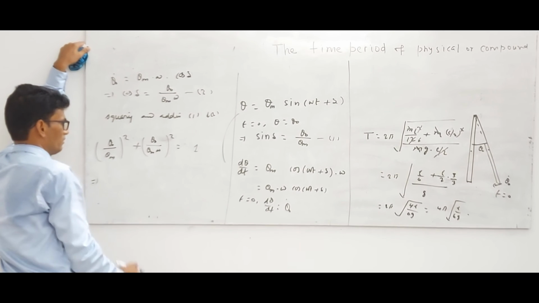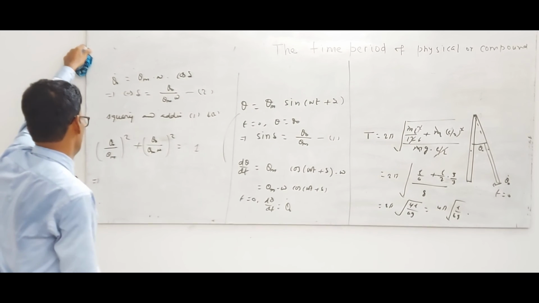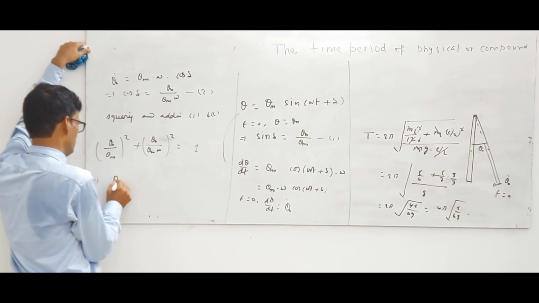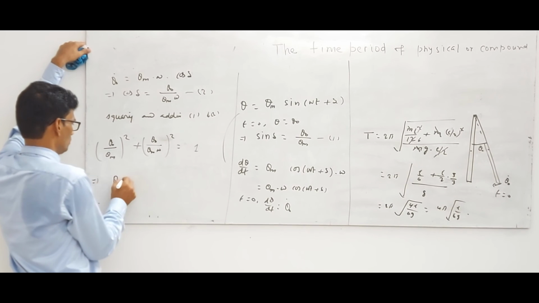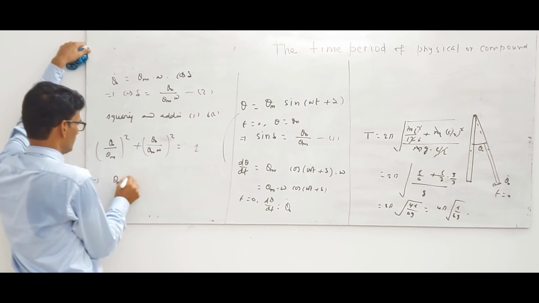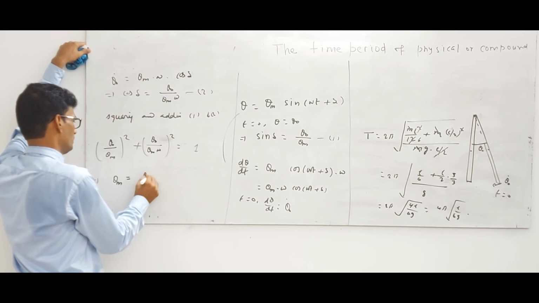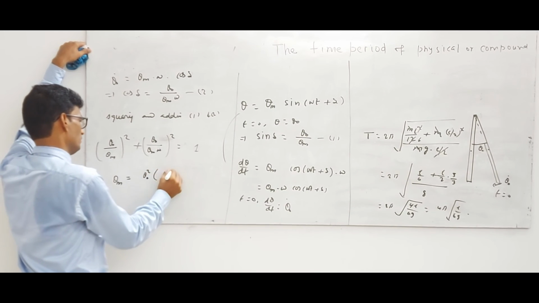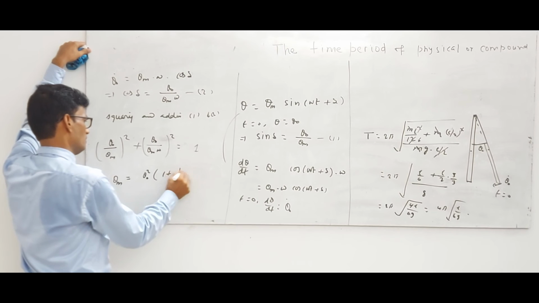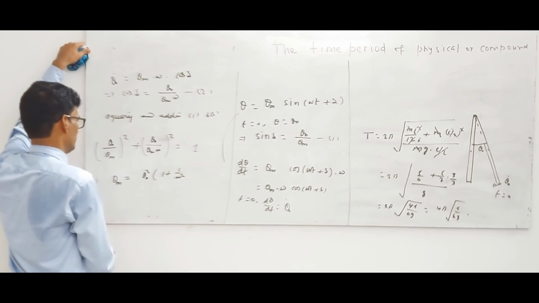So what we are going to find is theta m. Theta maximum comes out to be the square root of theta naught square plus theta naught dot square over omega square.